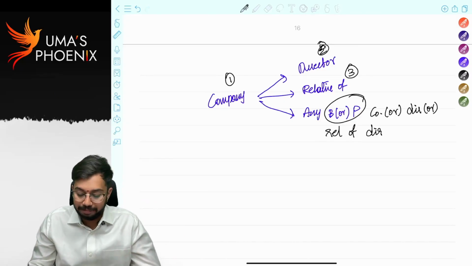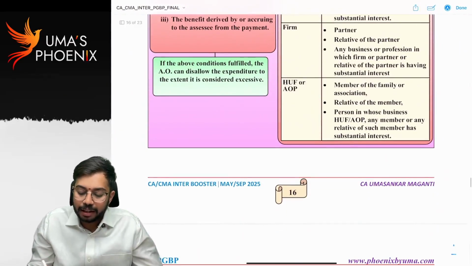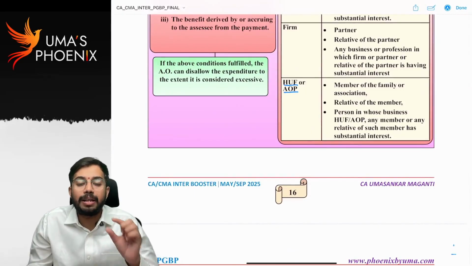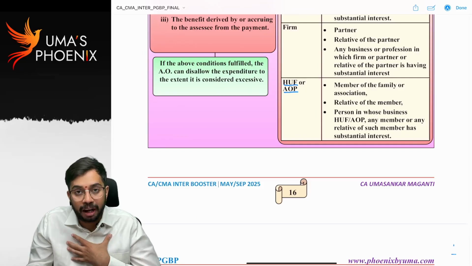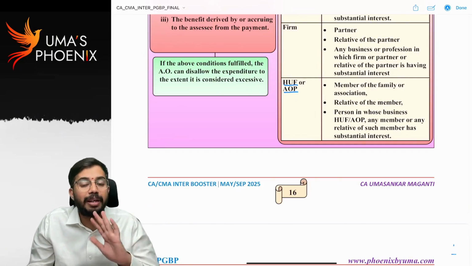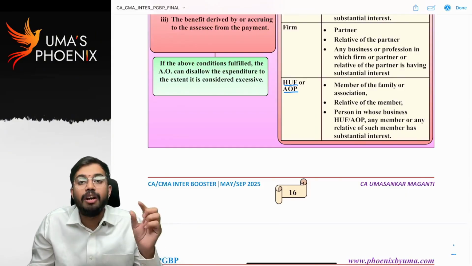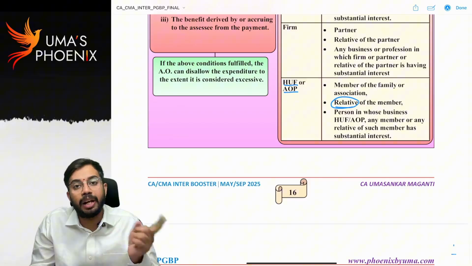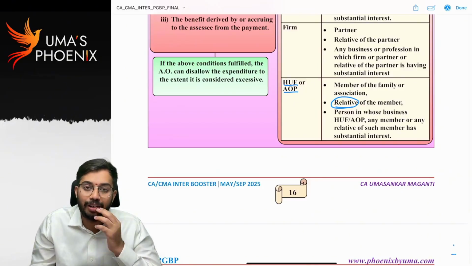Is it clear? So in case of HUF or AOP, whoever the members are, the members are considered as specified persons. If the HUF or AOP makes excess payment to its own members, such excess payment is not allowed as deduction. For HUF or AOP, not only members, if any excess payment is made to a relative of the member, that is also not allowed as deduction.